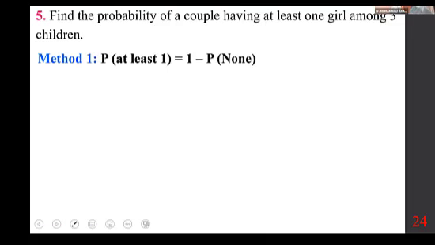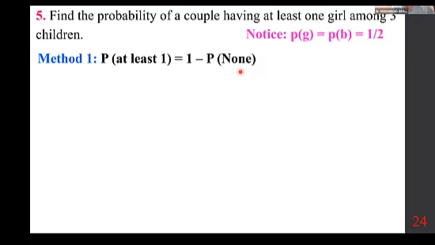Find the probability of a couple having at least one girl among 3 children. Now, for the probability of at least, the first method is to use 1 minus the probability of none. And we know the probability of both genders is considered to be 50%. So the probability of G and the probability of B are each 50%. Therefore, 1 minus the probability of none, which means all of them are boys, which is 1/2 to the third.